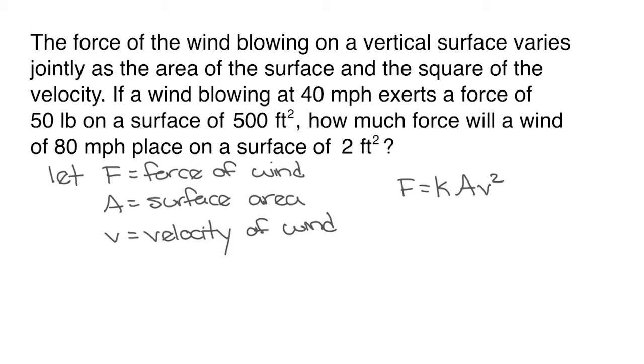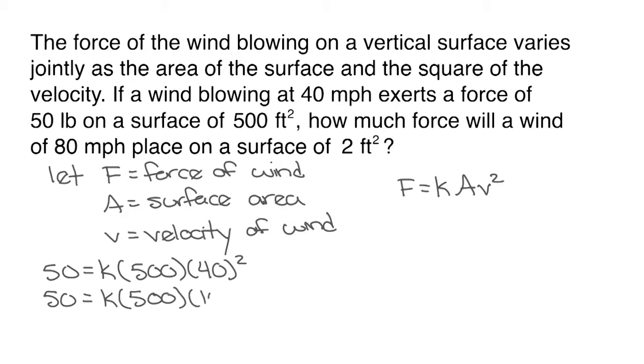So we can solve for the constant of variation, K, by substituting these values into the general formula, F equals KAV squared. We have the force of 50 is equal to K times the area of 500 times 40 squared. 40 squared is 1600, so we have 50 is equal to K times 500 times 1600.